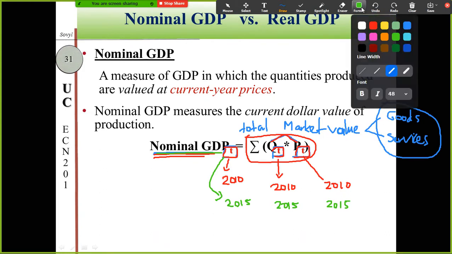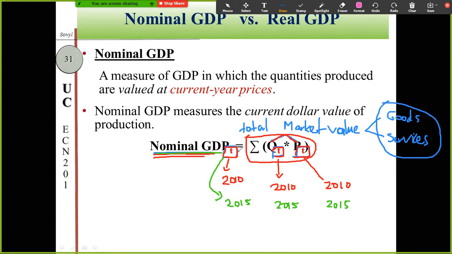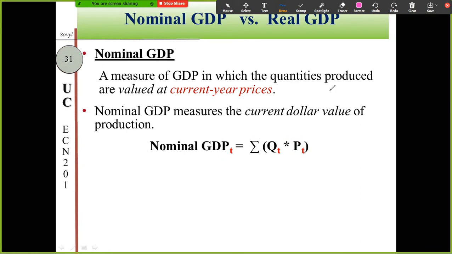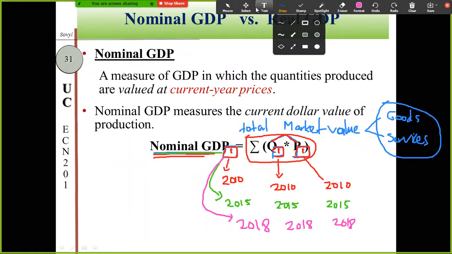If we want to compute now not 2010, not 2015, but 2018, nominal GDP in 2018 comes from Q 2018, P also 2018.